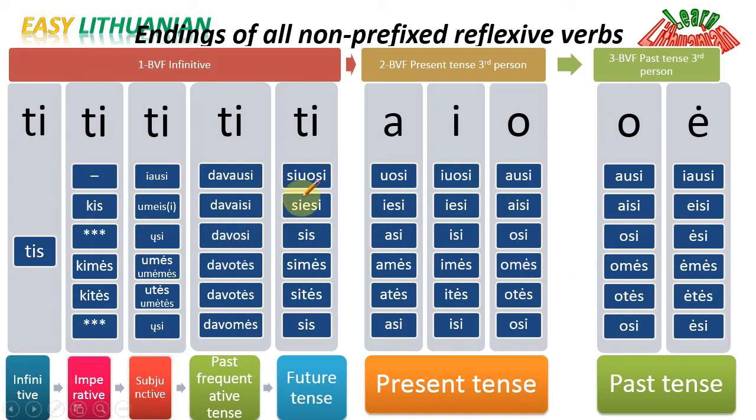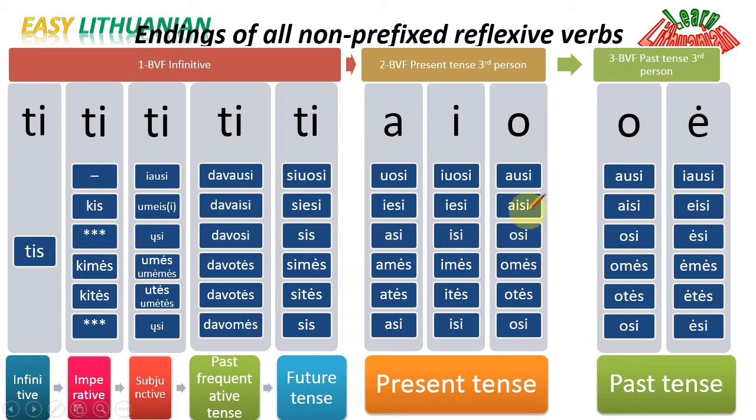And all those other forms, the second basic verb form and the third basic verb form, aren't changed at all. This is the same for he, she, and they.